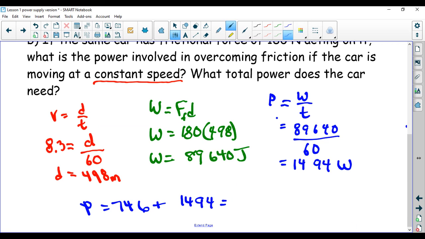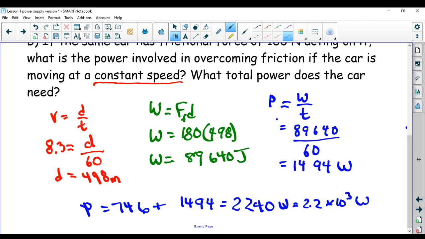I don't want to round too early because it messes with my numbers, it ends up changing things if I round and round and round. So this is what I'm going to report in my therefore sentence: 2.2 times 10 to the 3 watts. And then, of course, I'll write a therefore sentence that deals with part A and part B together and uses those values.